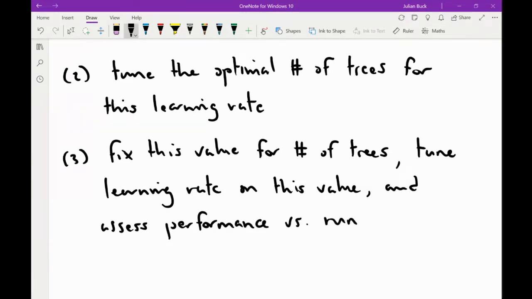So in other words, what you're going to do here typically is fix a number of trees at step 3, run a grid search over various values of the learning rate, and look at how performance is interacting with runtime for each model run. Are we gaining any performance gains, or is it taking longer? For instance, if the runtime is basically flat across them all, then you might look for whichever one gives the best performance.